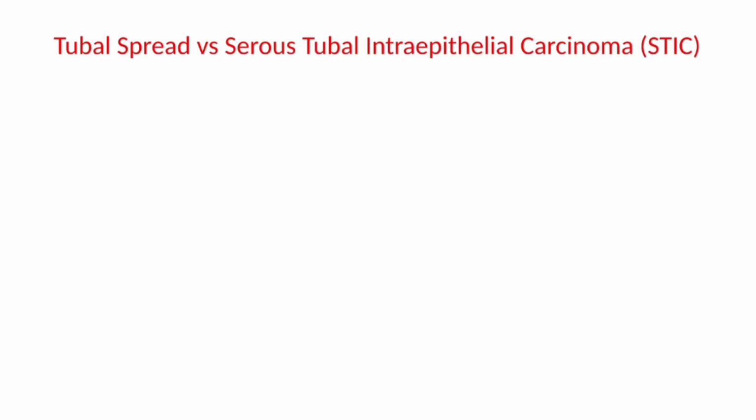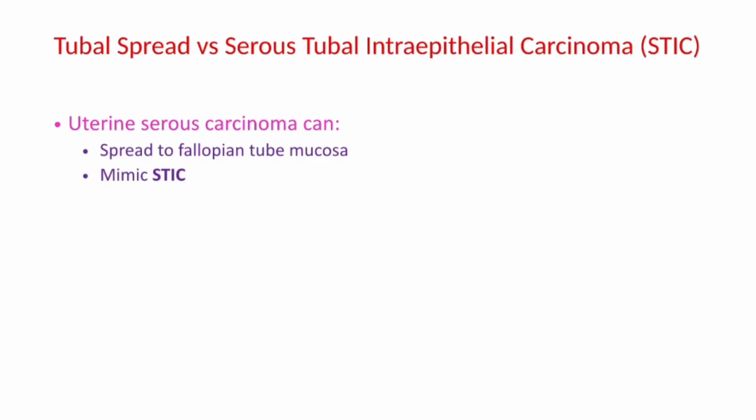Now, sometimes with this tumor, you can find tubal spread. So, we have to differentiate whether it is tubal spread of endometrial carcinoma or it is serous tubal intraepithelial carcinoma. So, it is called STIC.